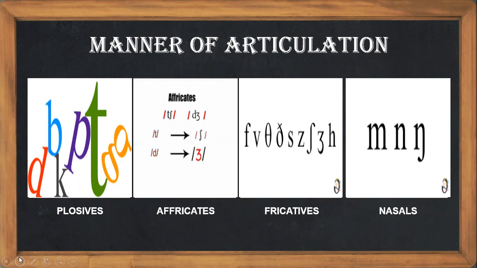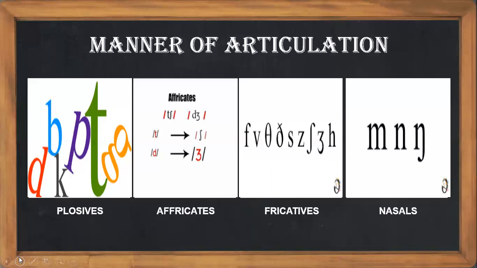At the same time there is velic closure, that is, the soft palate rises up and closes the nasal cavity. Therefore there is no chance of the air escaping from the nasal passage.